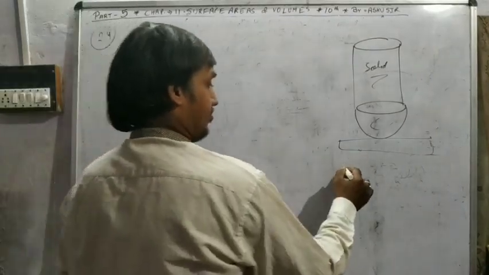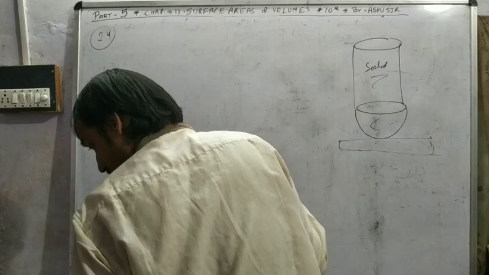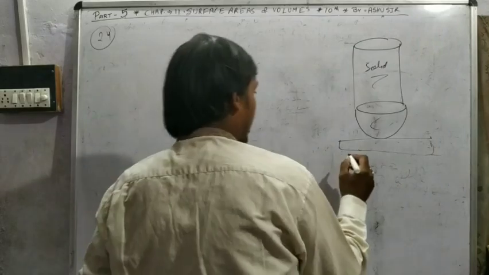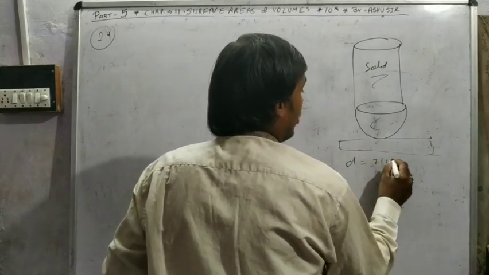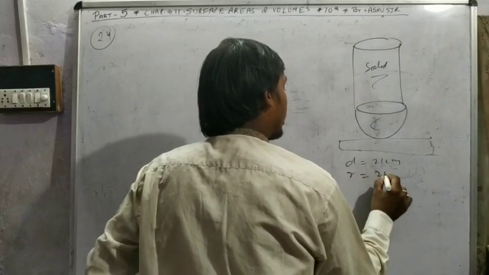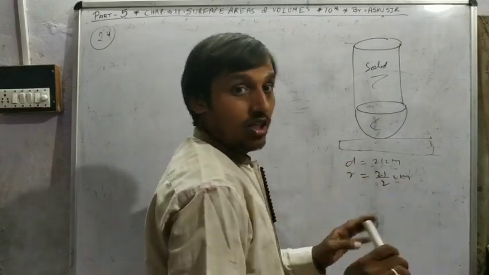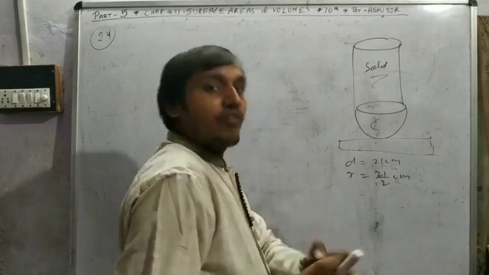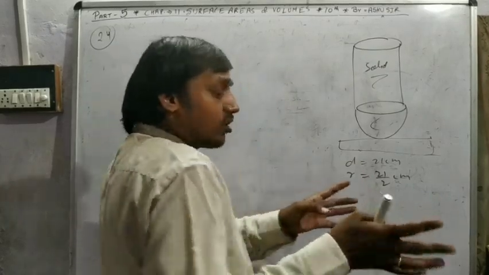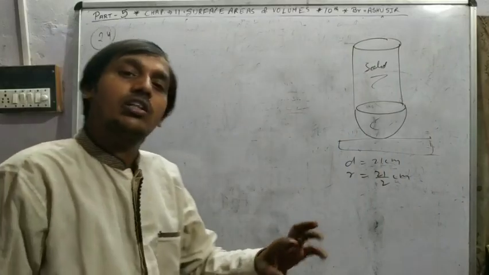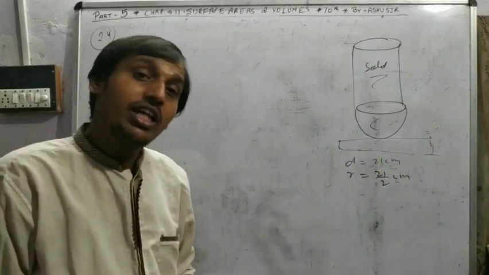Density is given. First, radius: the diameter is given as 21 centimeter, so radius is 21 by 2 centimeter. Don't take 10.5 here. Okay, that's a small trick for you: always take the value in fraction form. Why? It's easy to solve.